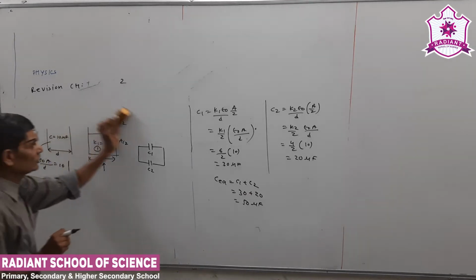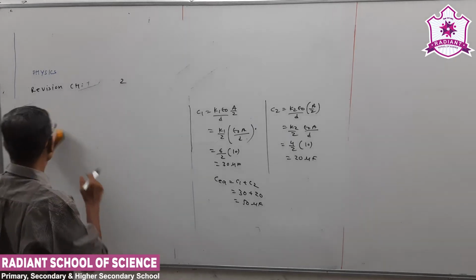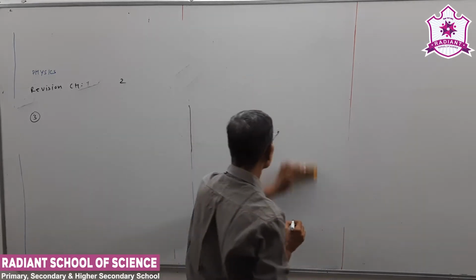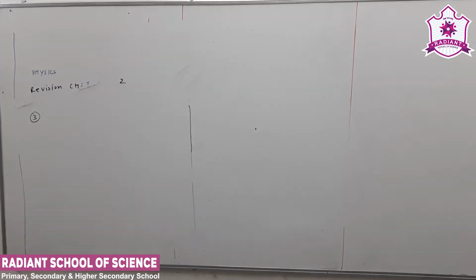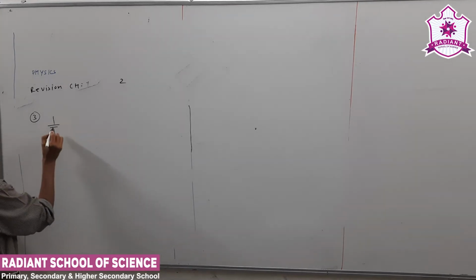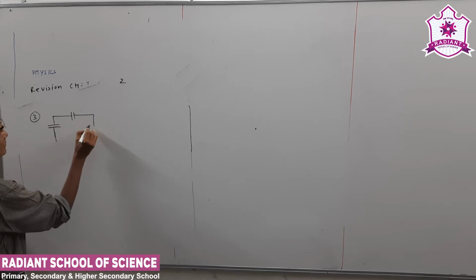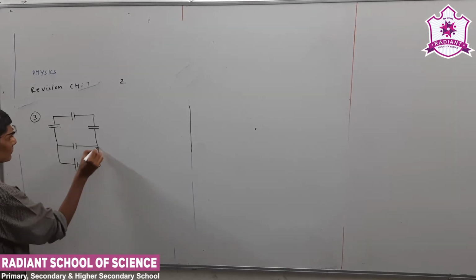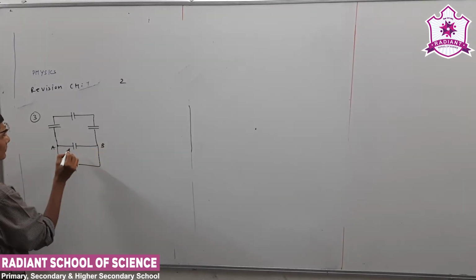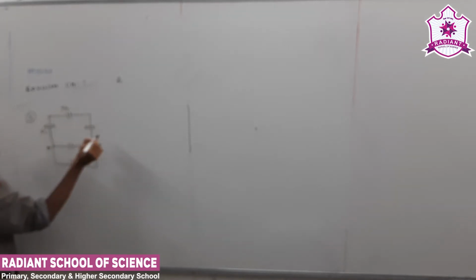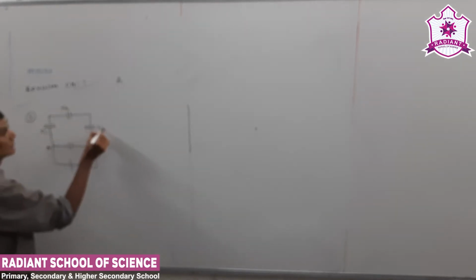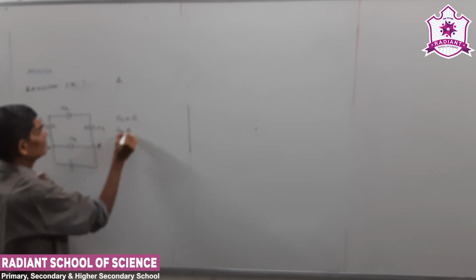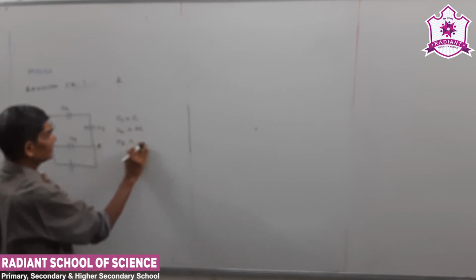Now see our next question. C1 is C, C2 is 2C, C3 is given as 3C.